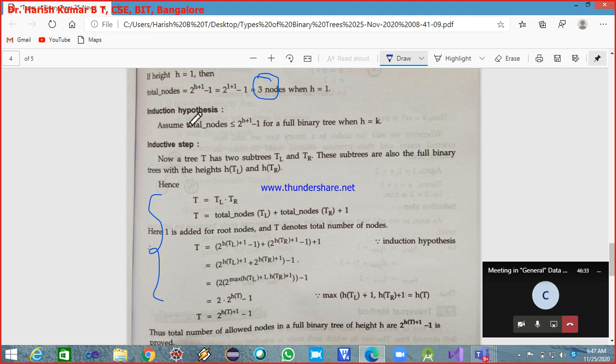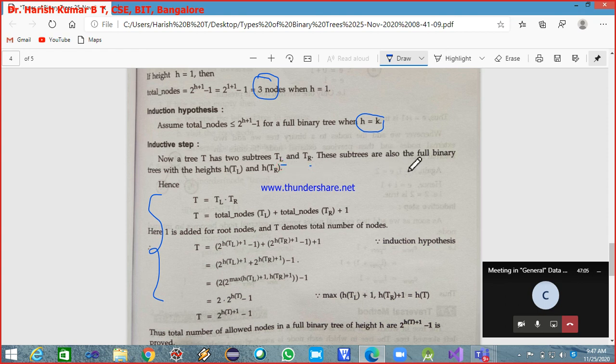So assume the total number of nodes is less than or equal to 2 raised to h plus 1 minus 1 for a full binary tree when h is equal to k, where k is the number of levels. Now a tree T has two subtrees, one is TL, the left subtree, and the other is the right subtree TR.